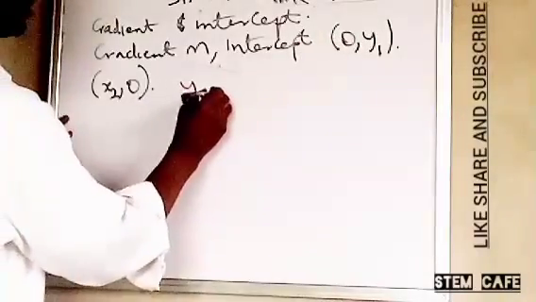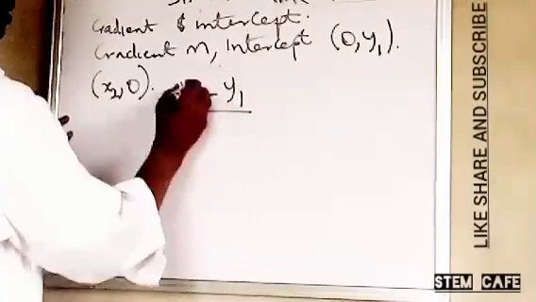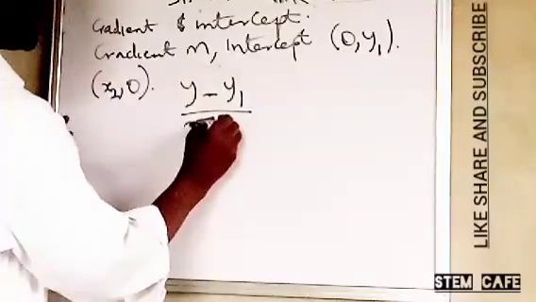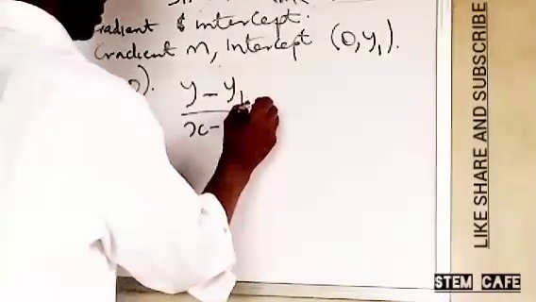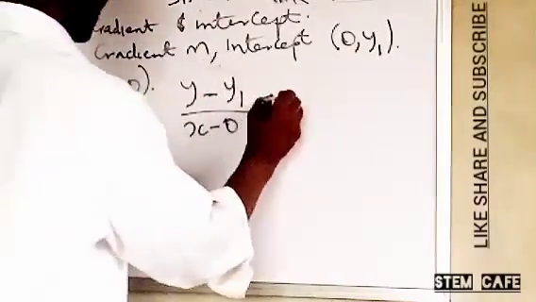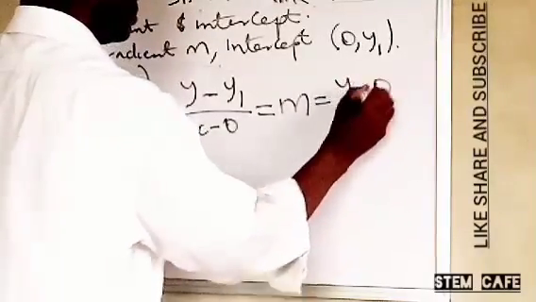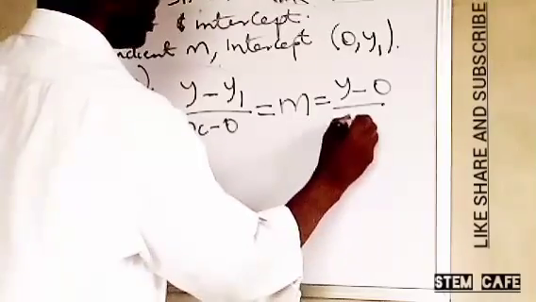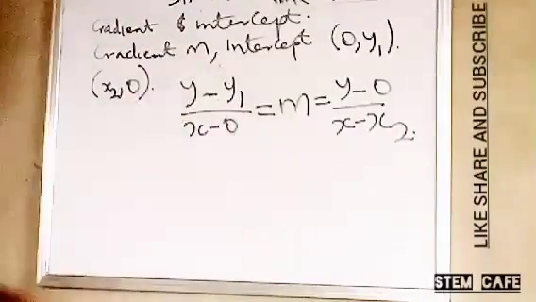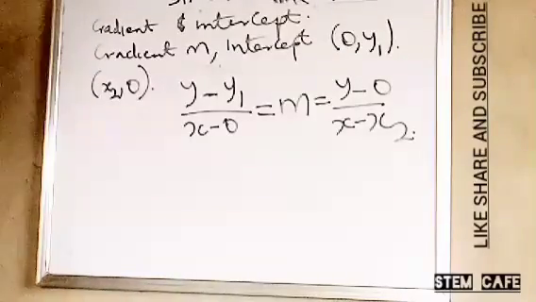If we are given either of these, all we need to do is say, for this one, y minus y1 over x minus 0 is equal to gradient n. Or we can say y minus 0 over x minus x2. So any of these will give us our straight line equation.